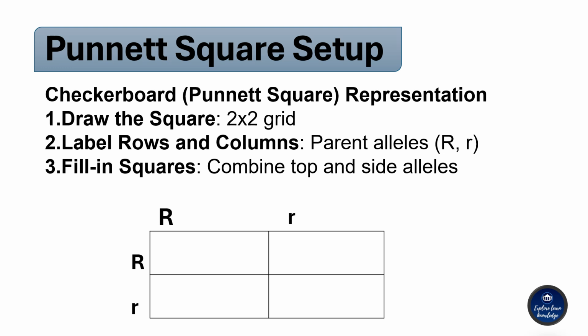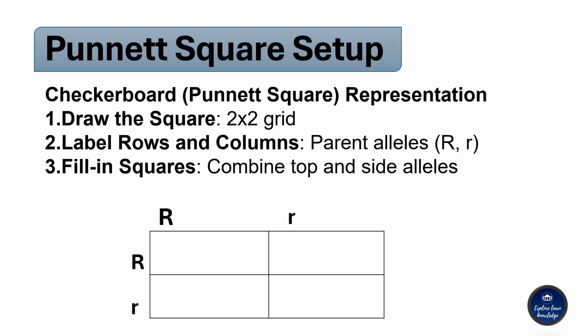To visualize how alleles segregate and combine, we use a tool called a Punnett square. Let's set up a Punnett square for a monohybrid cross of two heterozygous plants. First, draw a 2 by 2 grid.